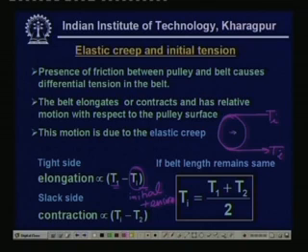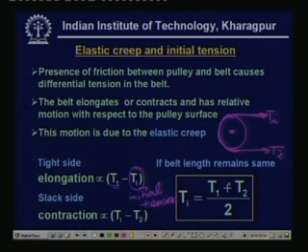This is very much required, otherwise you cannot keep the belt in position at the very beginning. You have to put some amount of initial tension so that a friction grip is there at the initiation.